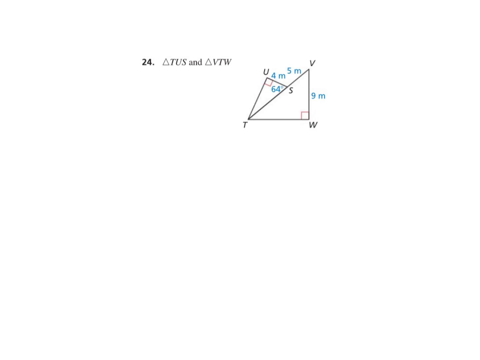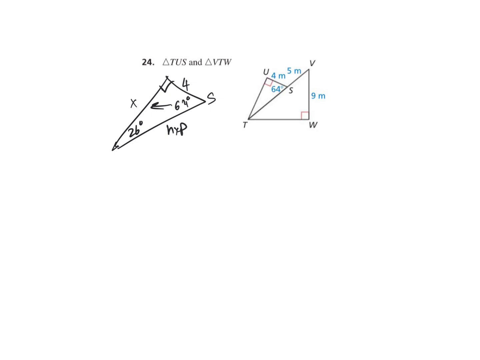And triangle TUS, let's go ahead and just drop this over here. So this is 4, this is 64. So 90 minus 64 would be 26 degrees. Hypotenuse, and we're going to use this angle here, S, to get x.